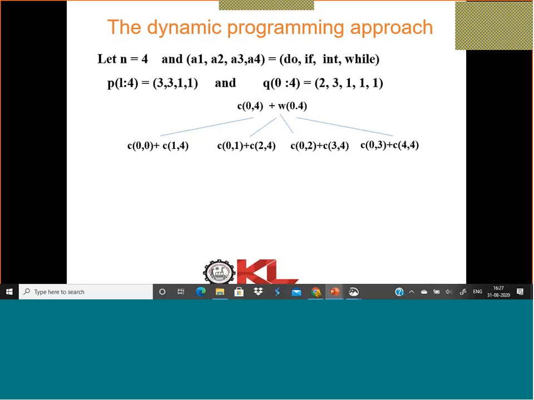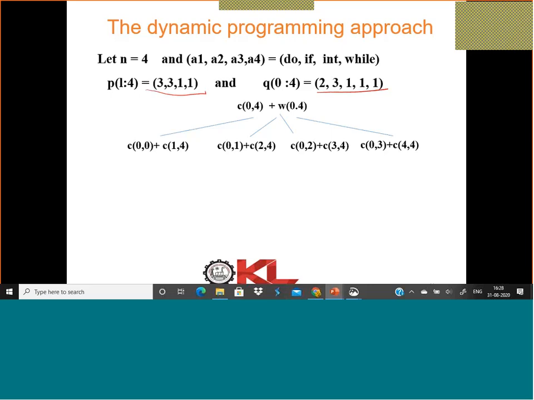Similarly, how many times you are accessing E0? E0 means any word which is alphabetically less than do comes under E0. So E0 is 2 times, E1 is 3 times, like this. All these are unsuccessful searches.